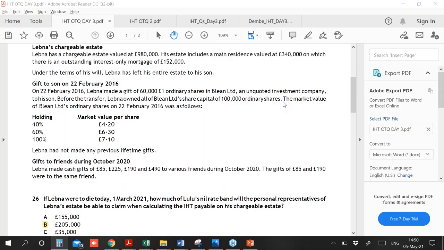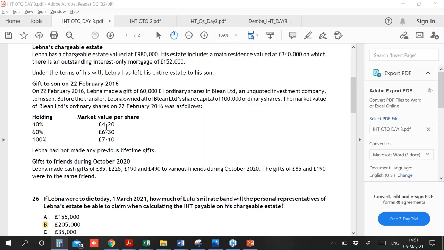I'll then calculate her wealth again when she was on 40%, and whatever the difference is will be the transfer of value. So at 100%, she has complete 100,000 shares with 7.1. So obviously 7.1 times 100,000 means 710,000. Now at 40%, she must have 40,000 shares because the complete capital is 100,000 and 40% of that will be 40,000.